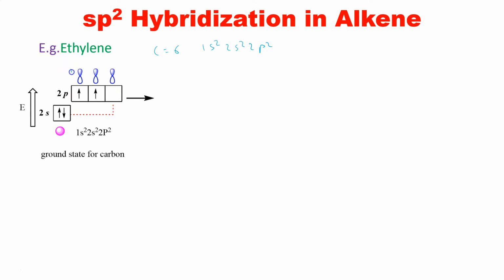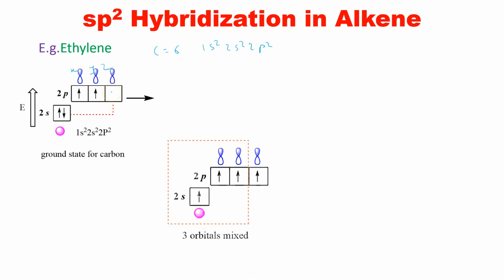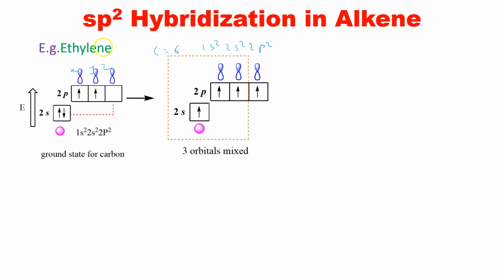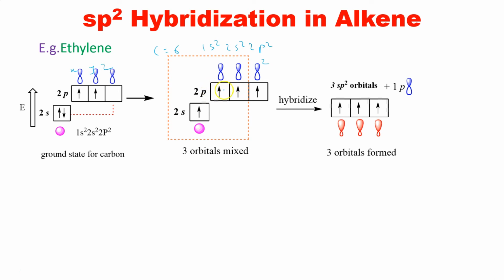As I have explained earlier, let us consider x, y and z. There is only a combination of the s orbital and two 2p orbitals, not the 2pz. Z is not forming a hybrid orbital, and I will come to why it is not forming a hybrid orbital.